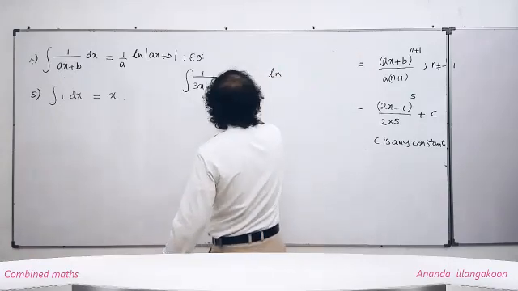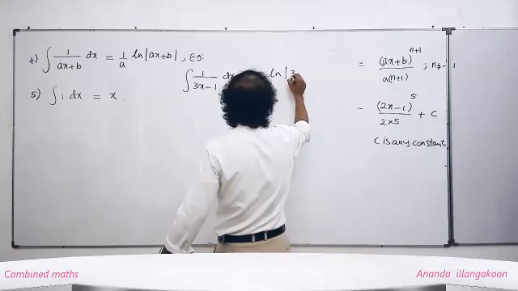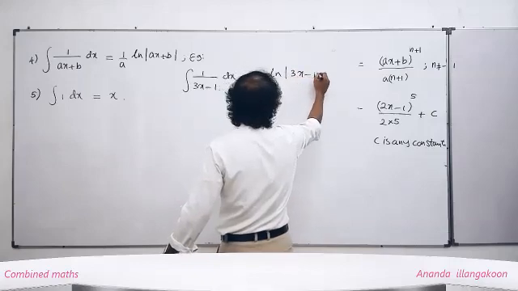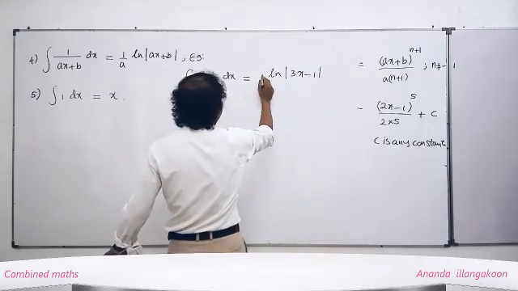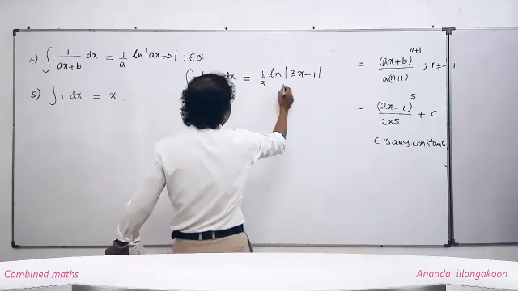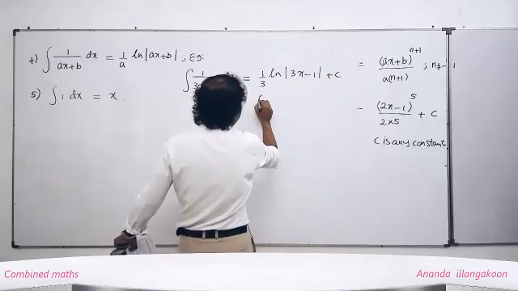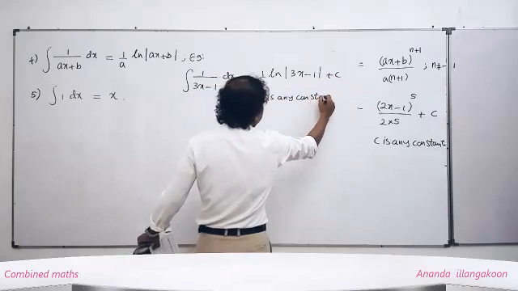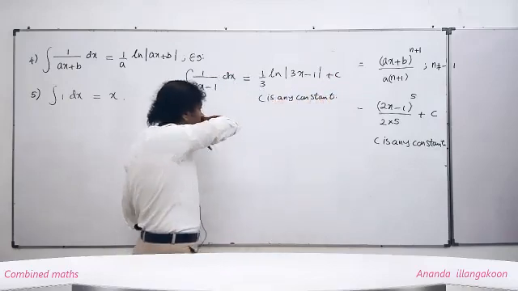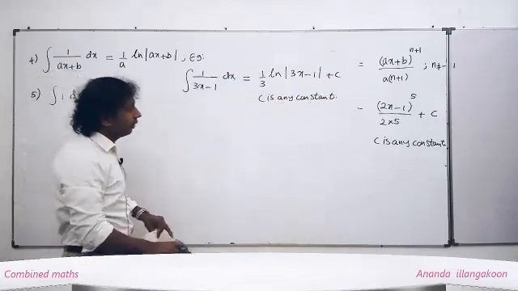The same thing we have tried: in modulus after writing ln. ln means log to the base e, and divide by the x coefficient, which is 3, plus c. C is any constant.